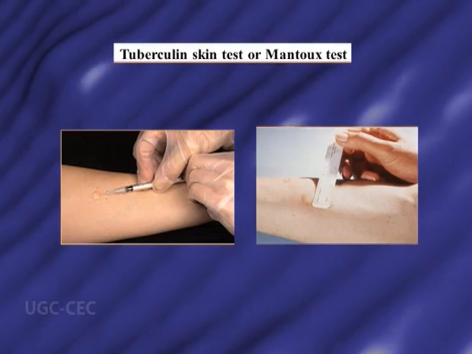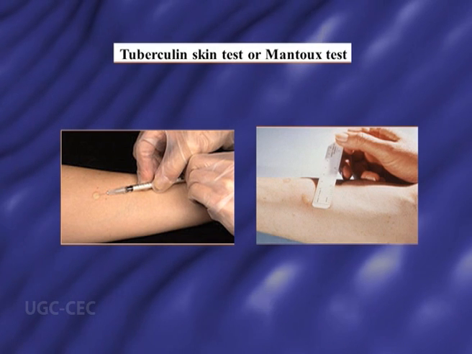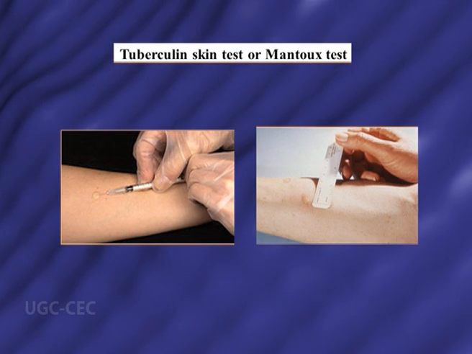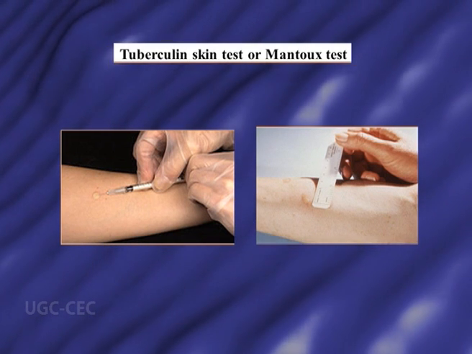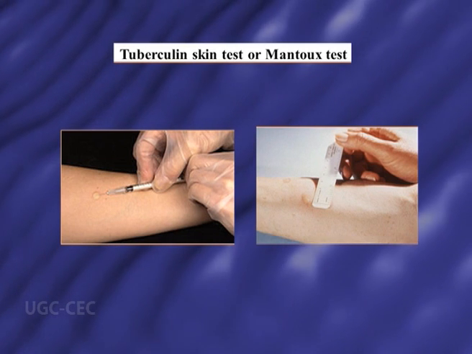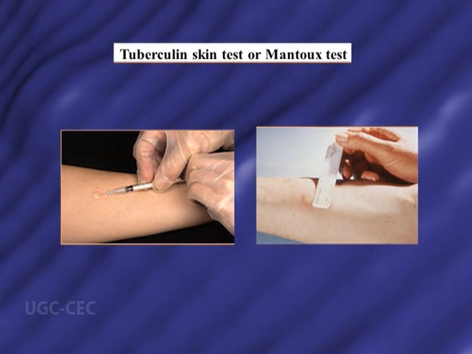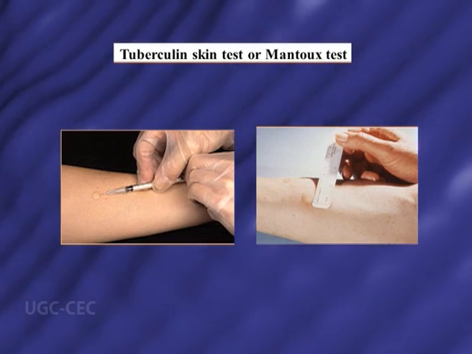Now, delayed type hypersensitivity can also be detected very simply. If the molecule is injected intradermally or subcutaneously, and sensitized Th1 cells are present under the skin, then they will readily secrete cytokines and call the macrophages. Macrophages will accumulate in that area and form edema, a swelling-like structure.